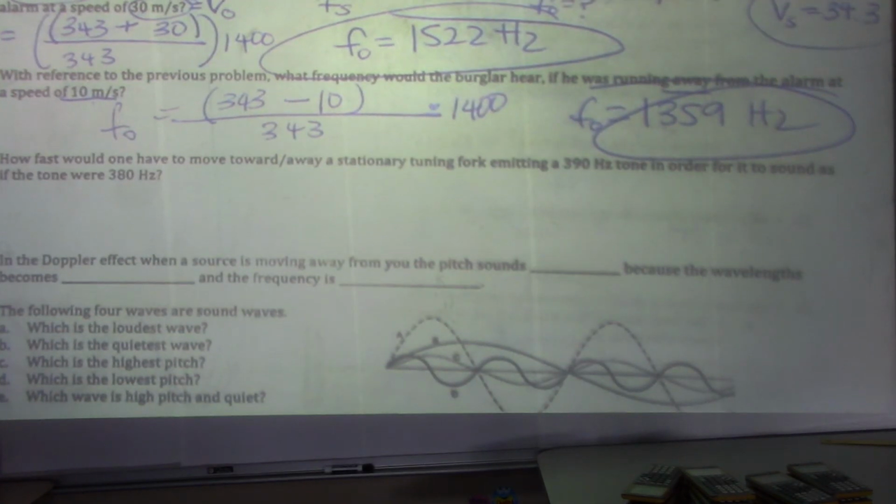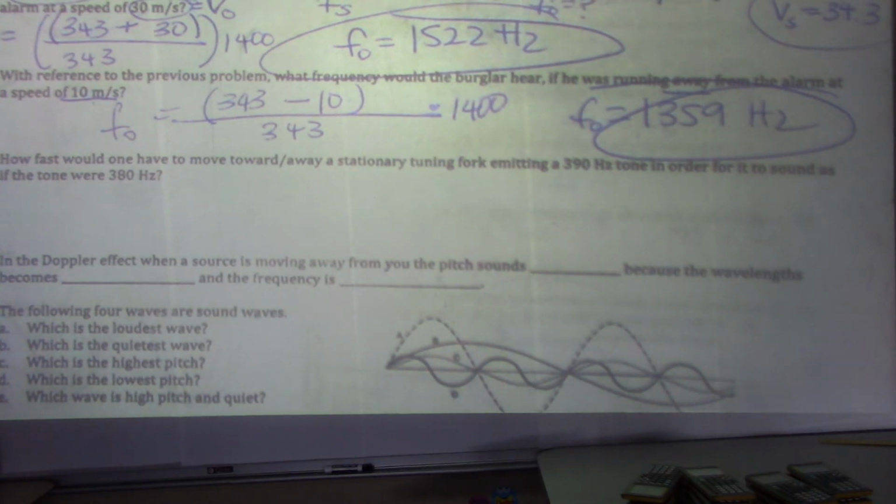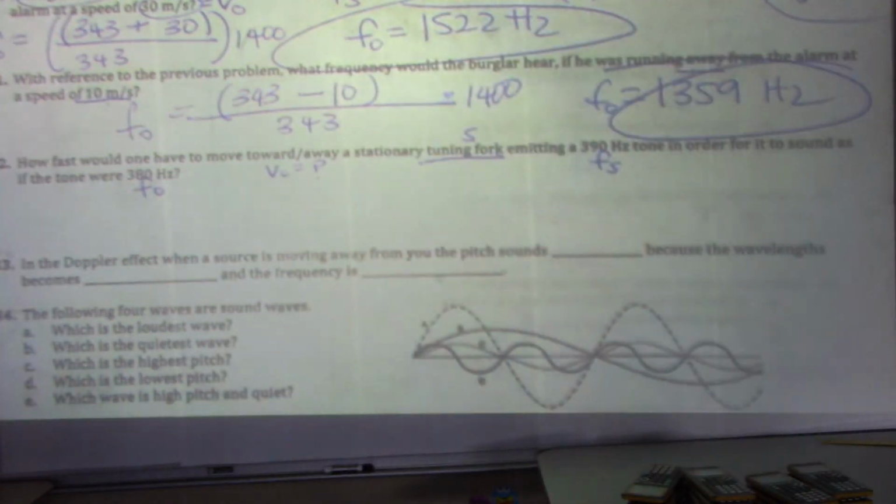How fast would one have to move towards or away from a stationary tuning fork emitting this tone, in order for it to sound as if the tone were this other frequency? The emitted tone is my source frequency, and the tone it sounds like would be my observed frequency. The tuning fork is my source, and the person moving is the observer. So I'm looking for how fast the observer velocity would have to be.